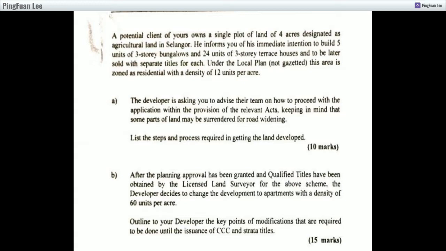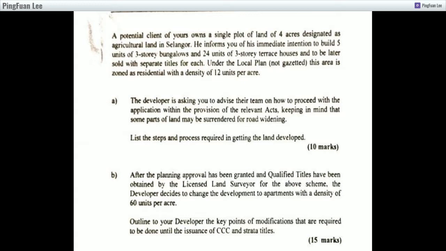You can only subdivide strata with final title. Conversion of QT can be done anytime before that. Yes, this one I agree as well. Conversion from QT to FT, this one is correct. QT can be submitted for obtaining approvals. Yes, no disagreements over there.